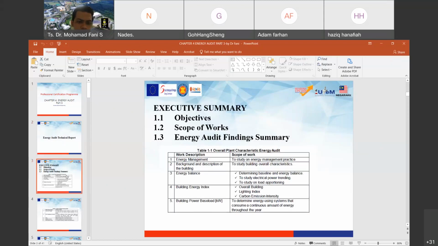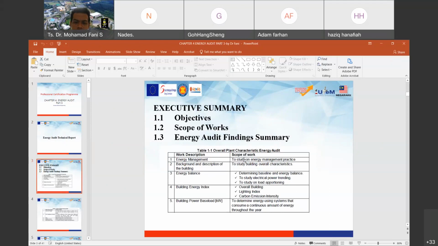Okay, let's move on to the first slide, which is the executive summary. So basically the energy audit report will start with the executive summary, which consists of the objective, scope of works, energy audit findings and summary.